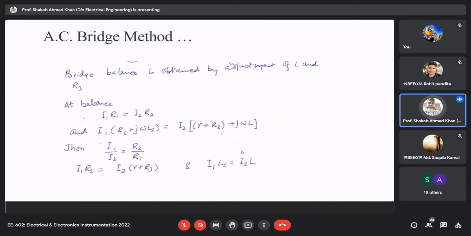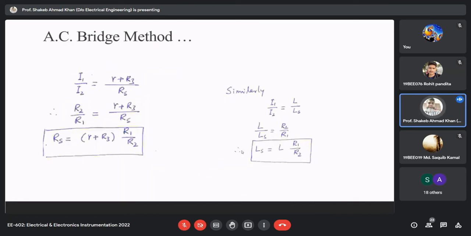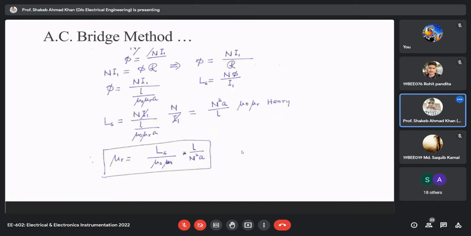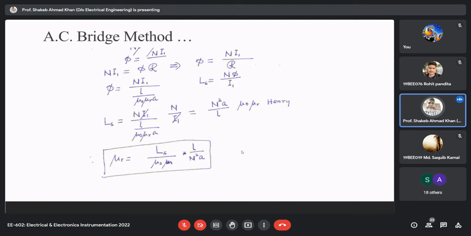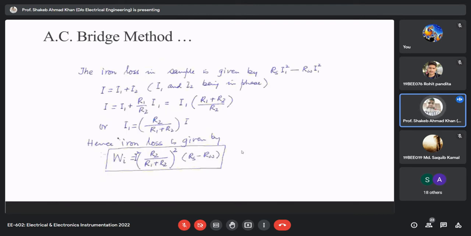So this is how the AC bridge can be used for measurement of iron loss and permeability. This iron loss can be separated either by solving the equations, where you need data points in both cases, or by the graphical method.